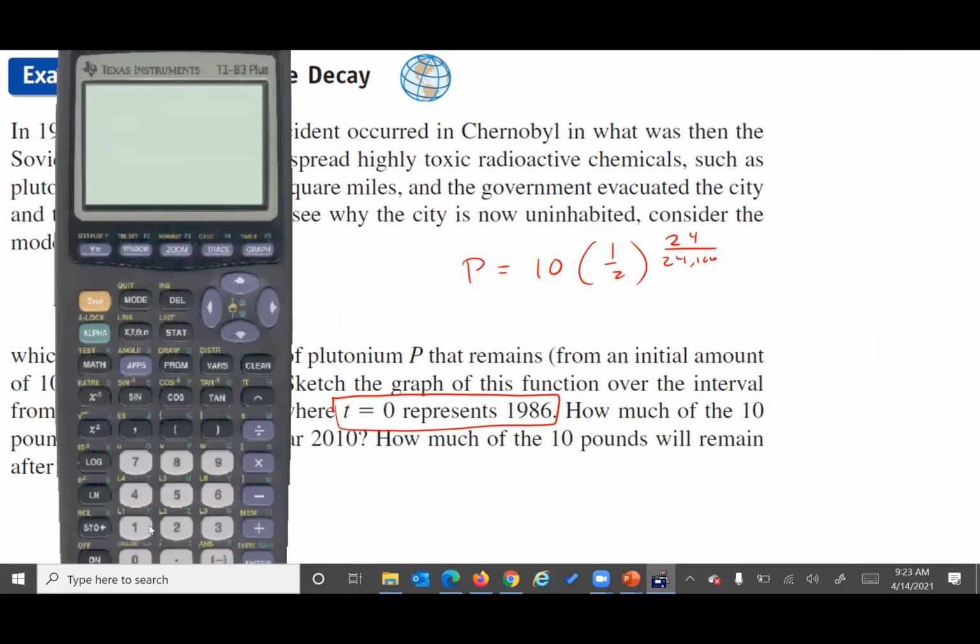Okay, so this is 10 times 1/2. I'll put a times in there just to make sure I have it separate here. I'm going to put in 0.5 for 1/2, is that okay? To the power of 24 divided by 24,100.